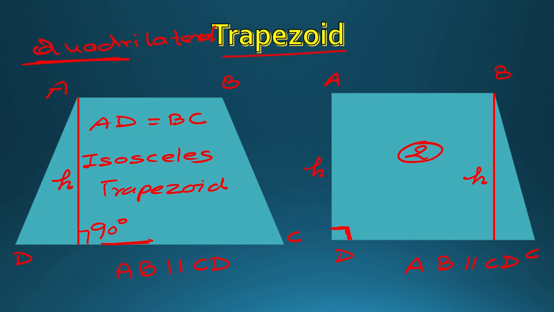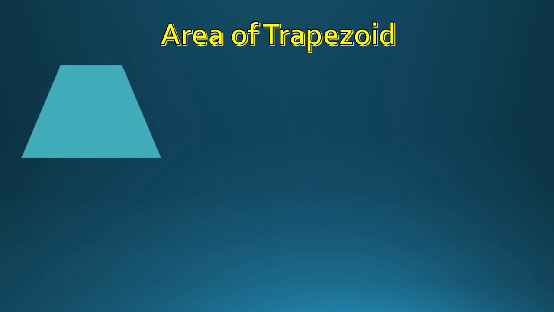Now let's talk about the area of the trapezoid. I will tell you the area for both figures separately. What I told you in my previous videos, area means the region which is covered inside.